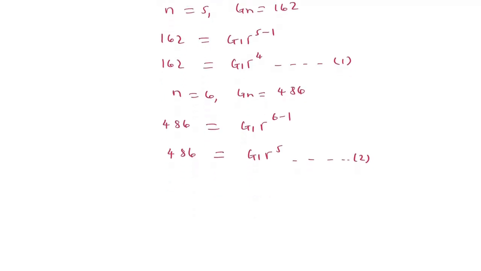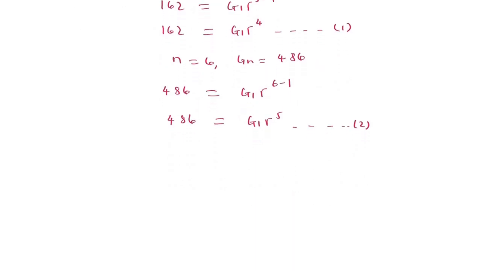We have to recall that the consecutive terms in a geometric progression give a common ratio. So now we are going to take equation number 2 and divide by equation number 1. Then we are going to have 486 over 162 equals G1 R power 5 over G1 R power 4.